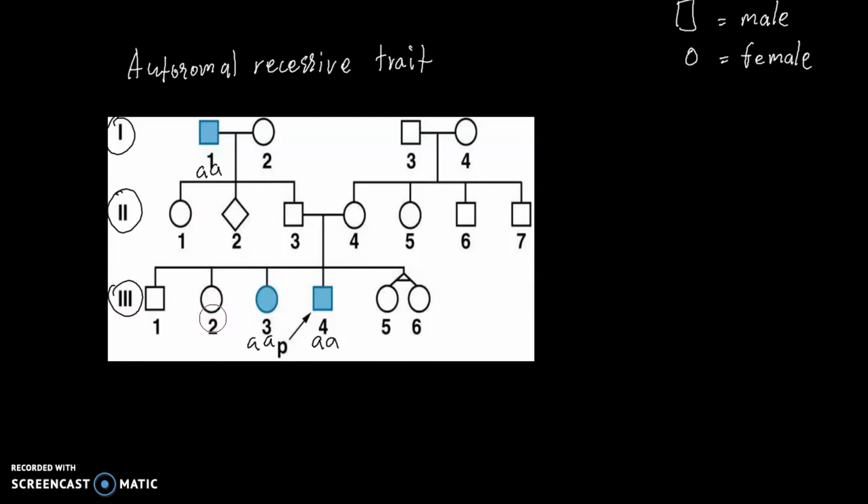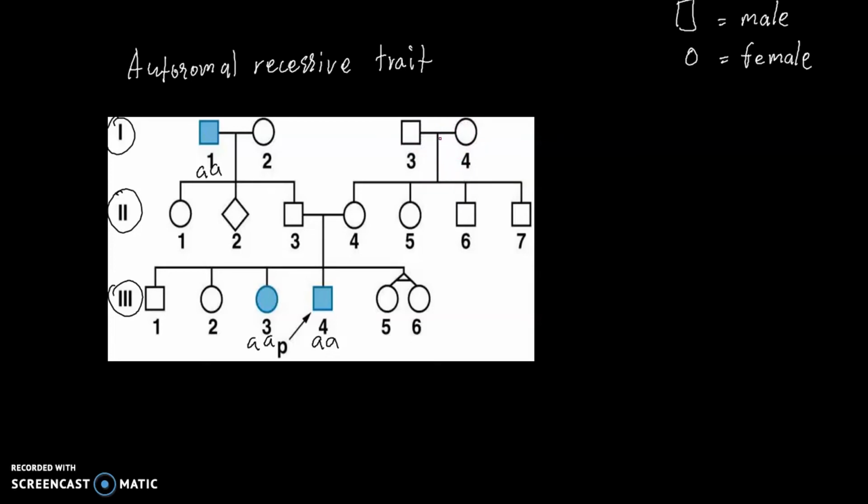In this particular pedigree though, you might wonder why individuals number 3 and number 4 of the third generation have the disease, when this side of the family doesn't show any sign of being affected. That brings me to my first point: whenever you see an affected individual, but their previous generation or generations are not affected by the disease, you can safely assume that one of the parents must be a carrier.